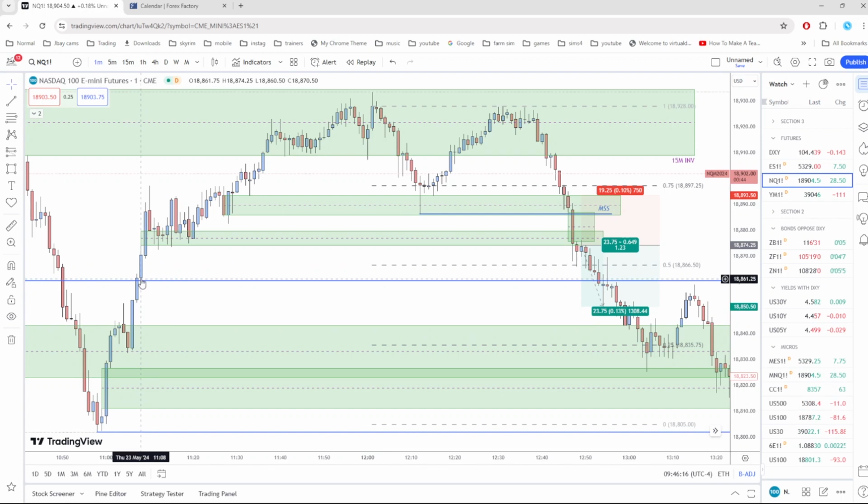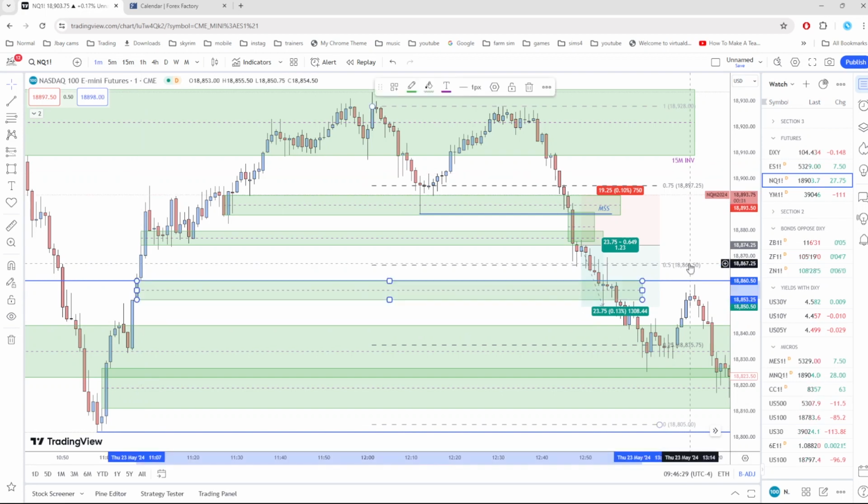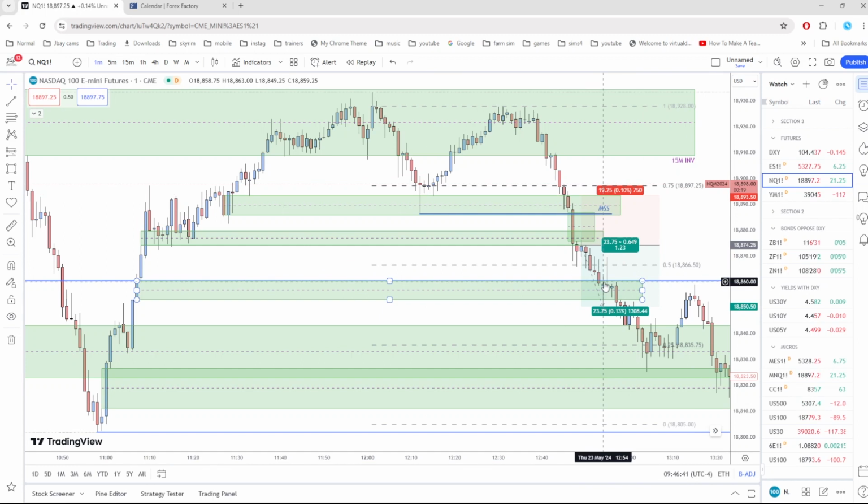Even this one is a pretty good fair value gap that we can extend. You can see we had reactions. We had a pause inside them. And they're right around the 50% of that range. So we can expect a pause. I hope you're writing it down.